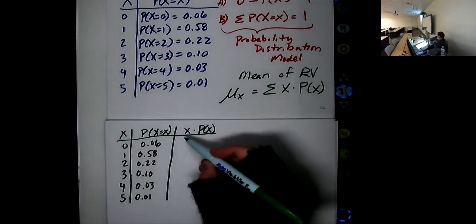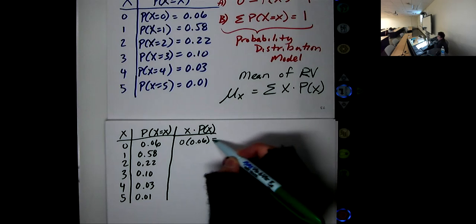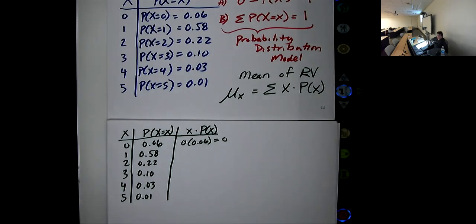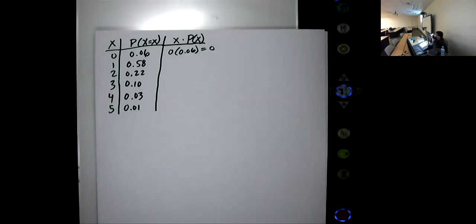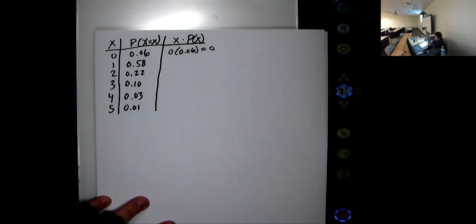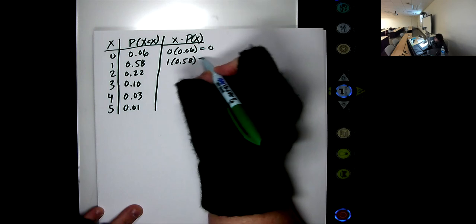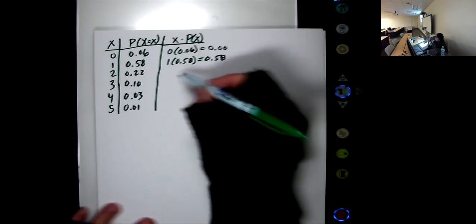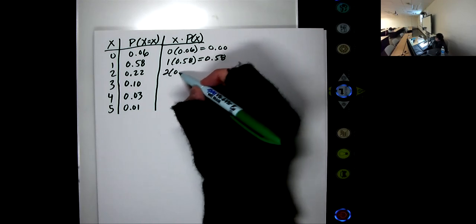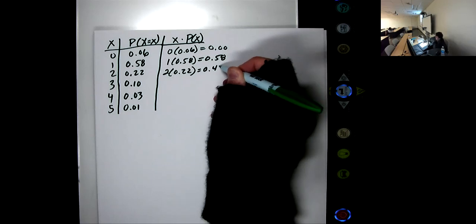So 0 times 0.06 equals 0. One times 0.58 is 0.58. Two times 0.22 is 0.44.